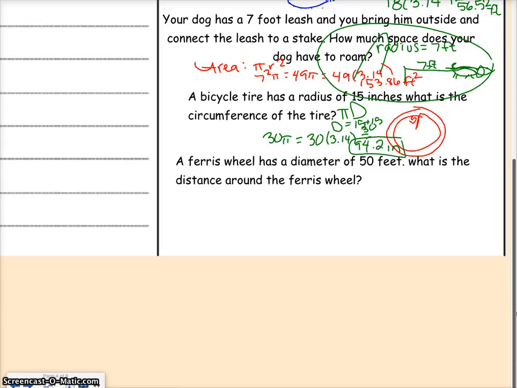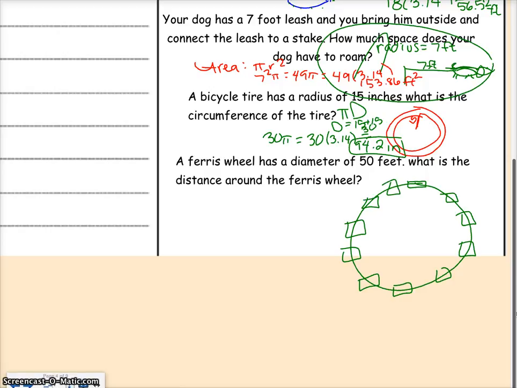Okay, so the next one, a Ferris wheel has a diameter of 50 feet. What is the distance around the Ferris wheel? So draw a circle to model a Ferris wheel. Envision all the little carts on your Ferris wheel. Okay, there's your little Ferris wheel, and I know that the diameter of my Ferris wheel is 50 feet.